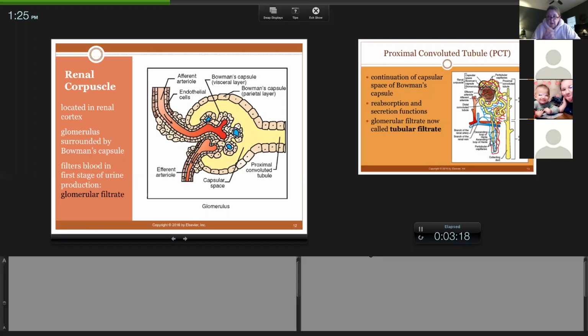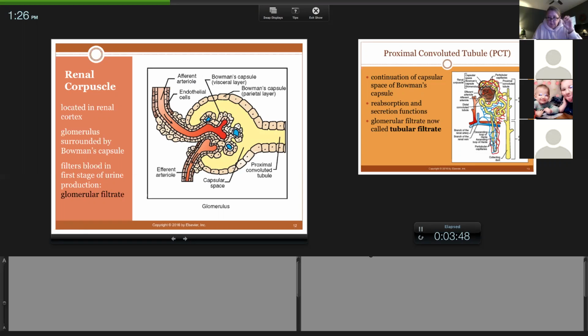So I want you to think of the glomerulus like a kitchen strainer. When the blood comes in, certain things are going to stay in the strainer, which is the blood. Certain things aren't going to be able to push out of the blood because they're too big: red blood cells, white blood cells, platelets, proteins.